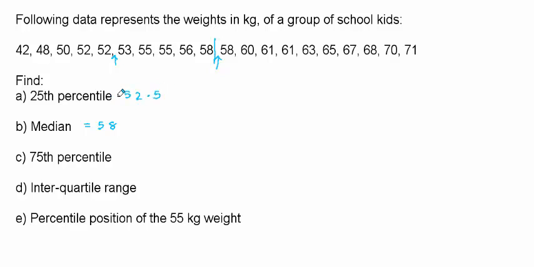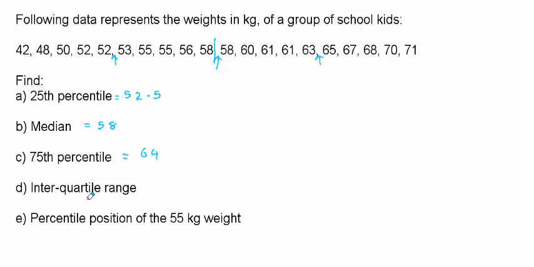Done. In the same way, the 75th percentile is going to be the median of this set of data. And that's going to be again the mean of the 5th and the 6th numbers. 1, 2, 3, 4, 5, and 6. So the mean of 63 and 65 is going to be 64. It's exactly halfway between 63 and 65.